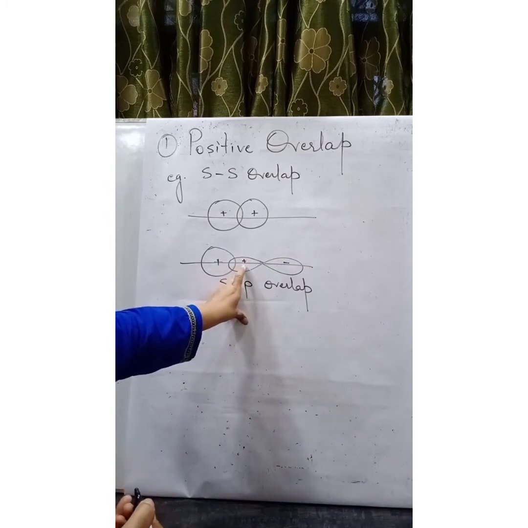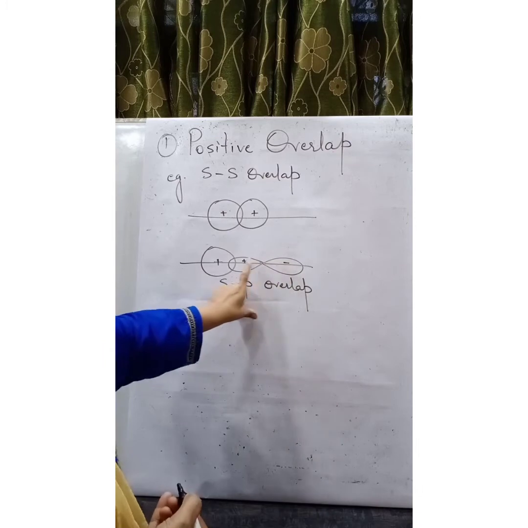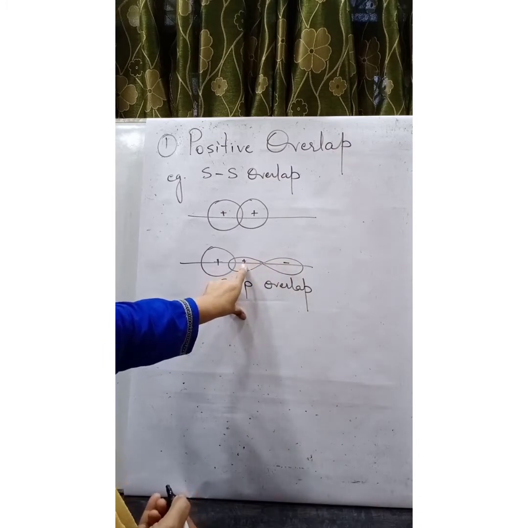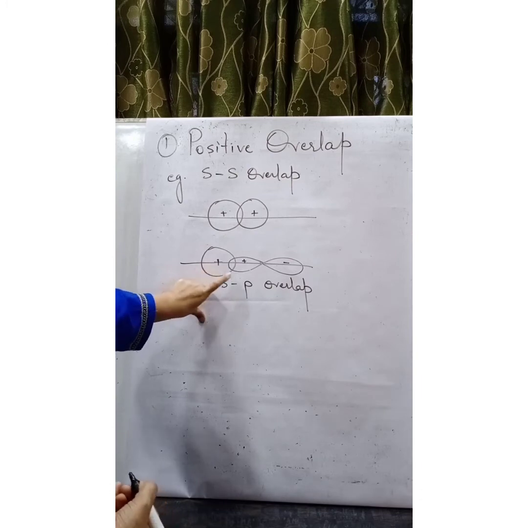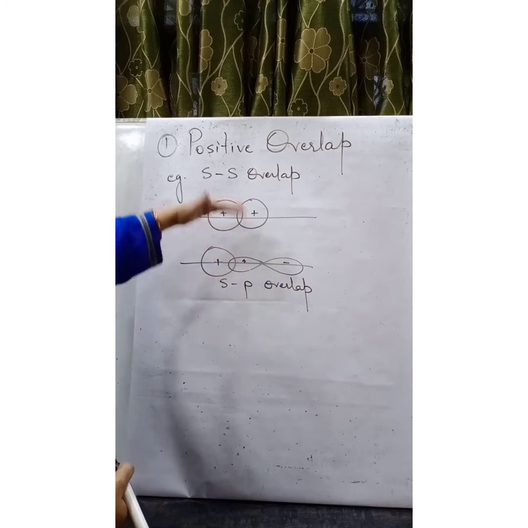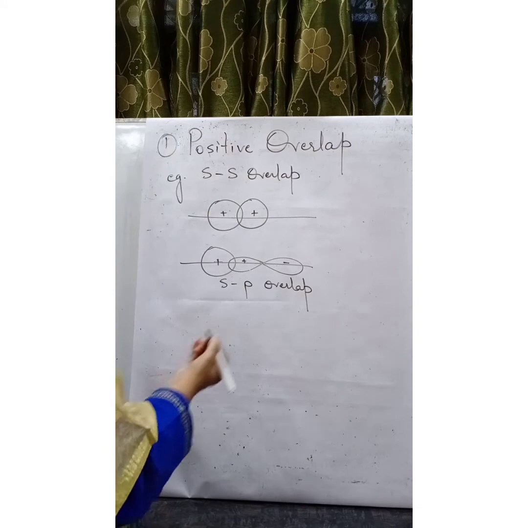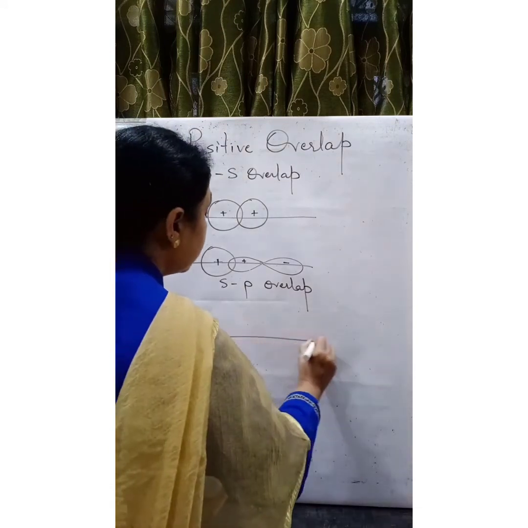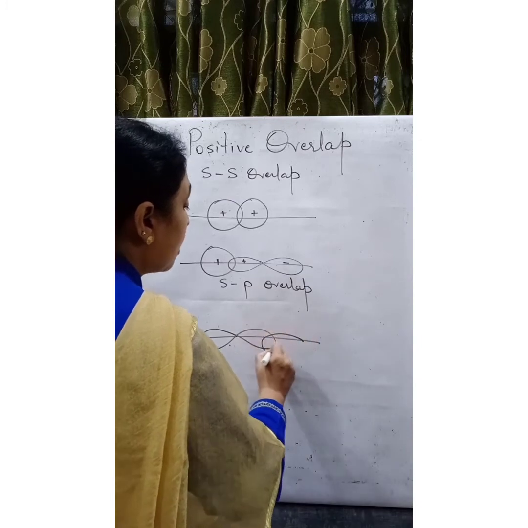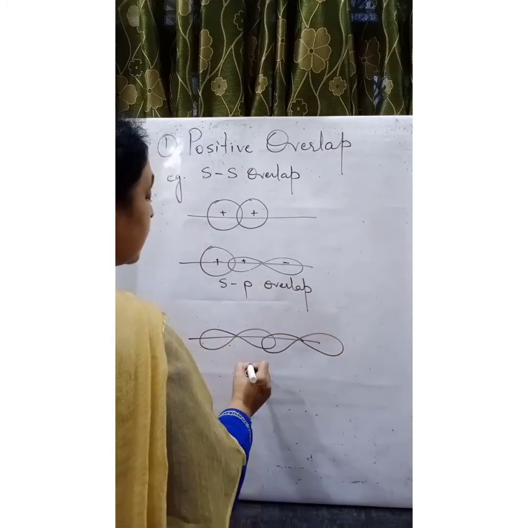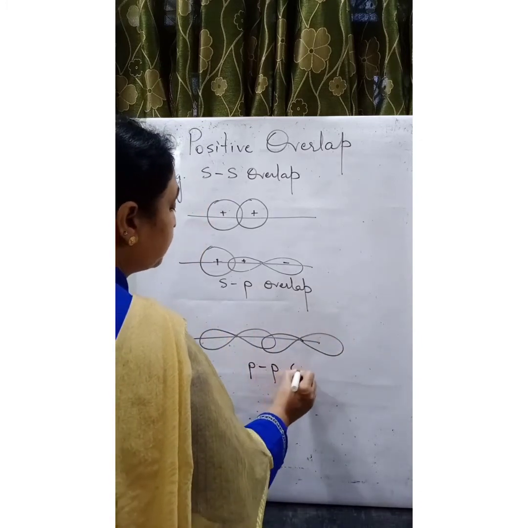Positive means here there is maximum probability of finding electrons as compared to the other lobe. So when the positive lobe of the p orbital overlaps with the positive s orbital, this type of overlapping is known as positive overlap. Another example, when a pz orbital overlaps another, pp overlap.